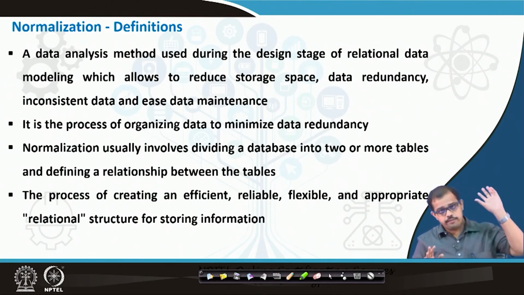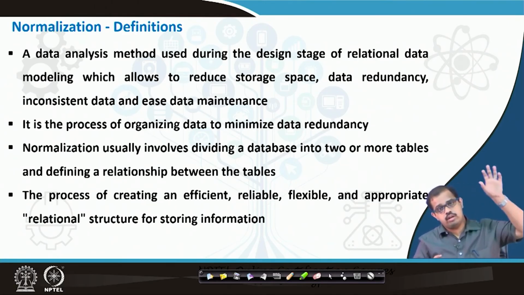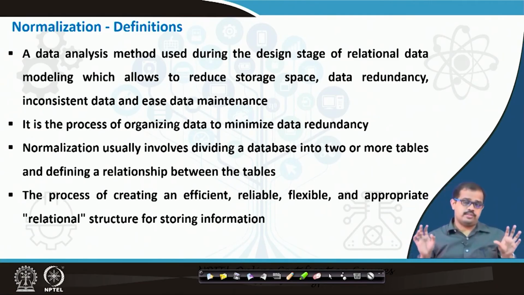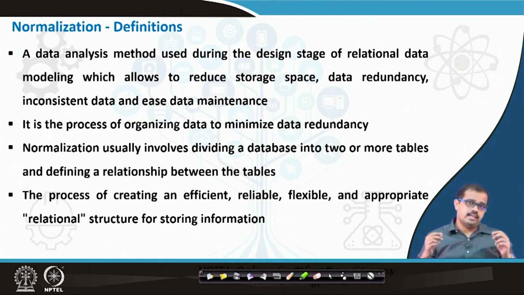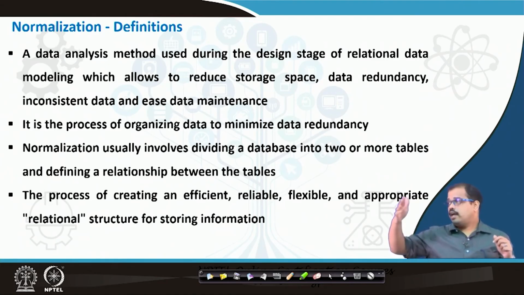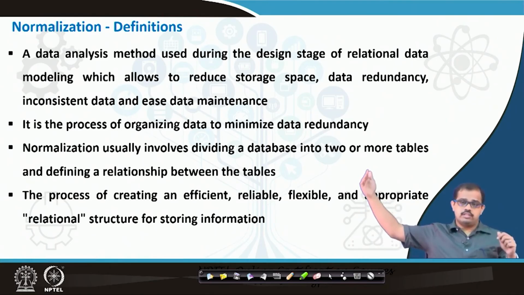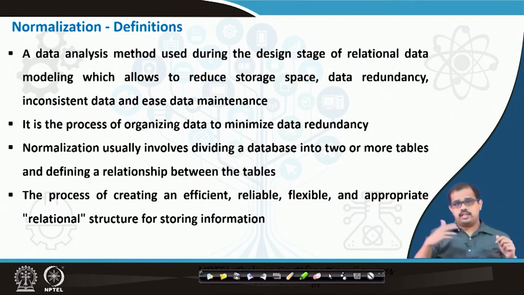So if there is a database which is defining, let's say, a list of all students, what subjects they have taken, what different degrees they have, whether it is BTech, BS, MS, MTech, PhD, or MPharm, and then the marks scored, all that information is stored.